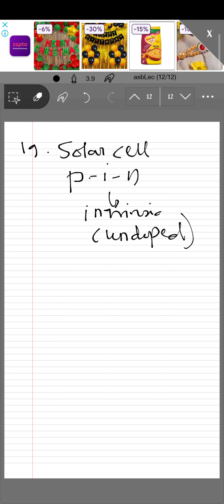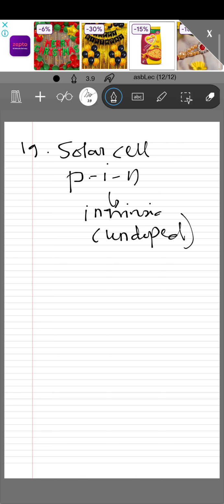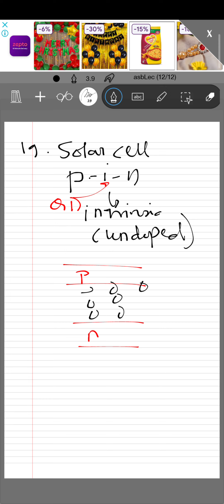If you put quantum dots in the intrinsic side in an array form, that means you have the p side and the n side, and in between these identical quantum dots are placed in an array. This is the arrangement.